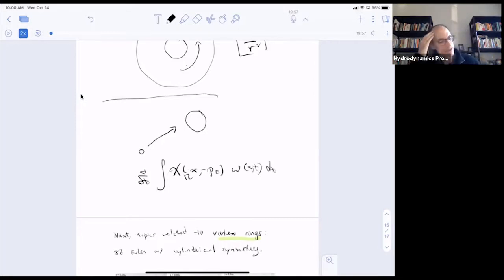And so what is this? This was this function chi, which looked like this. And so we're looking at essentially the amount of vorticity outside a ball radius r, how that changes. And so that's the amount of vorticity flowing through the region here, the flux through this region where we go from 0 to 1.